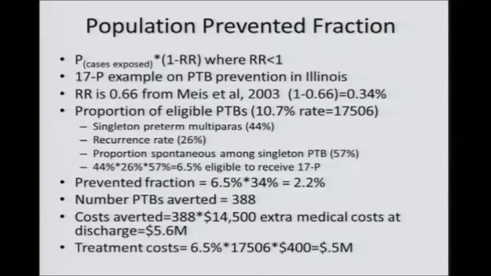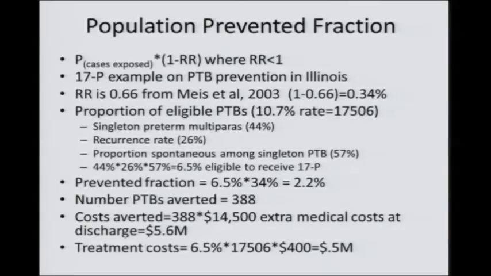So I'm just walking through an example looking at 17P, which is a way to prevent preterm birth, using just this home state's data, Illinois. The relative risk for this intervention, those who got 17P, was 0.66 compared to those who didn't. And so that translates to a 34% reduction in risk of preterm birth.